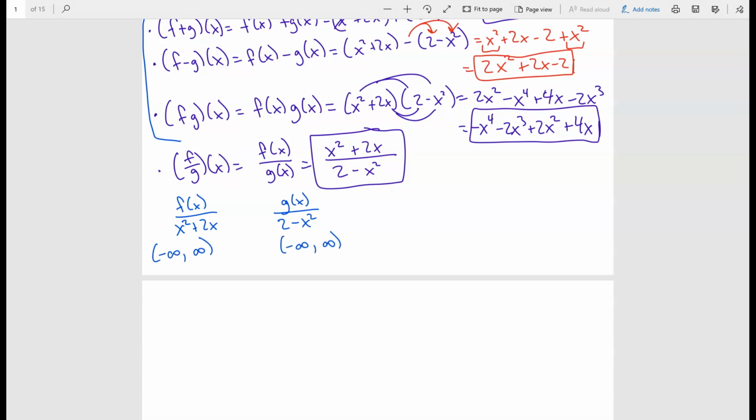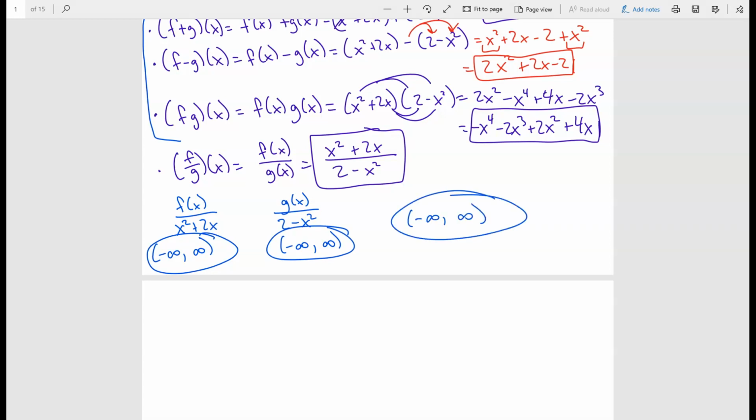So if I try to intersect both of these guys, well, they both have the same thing in common, so it's going to be negative infinity to positive infinity. That's just the answer, okay? So this combined with this gives me this, okay? So not that bad.